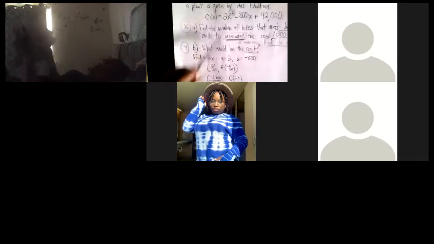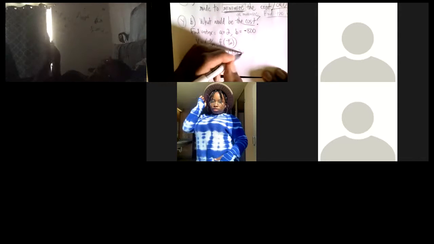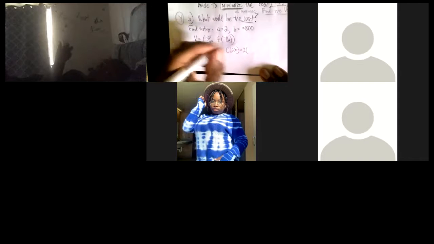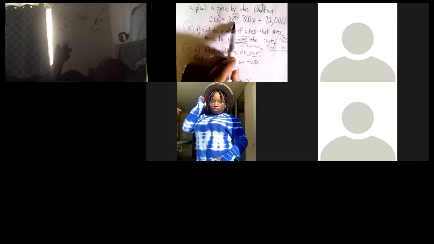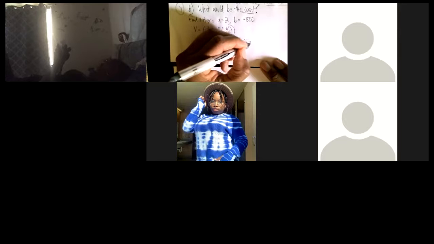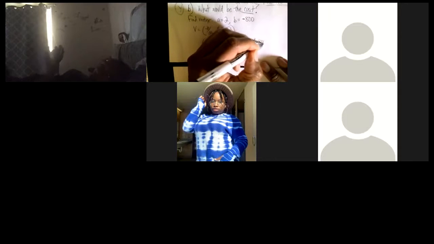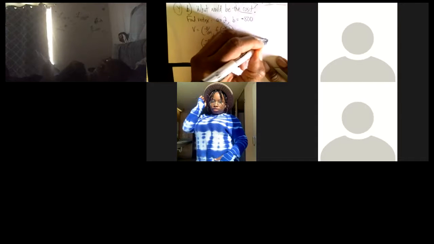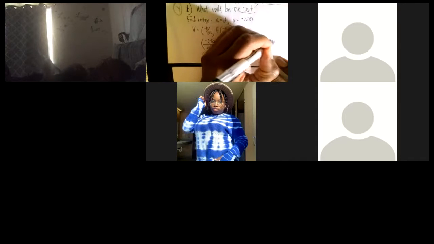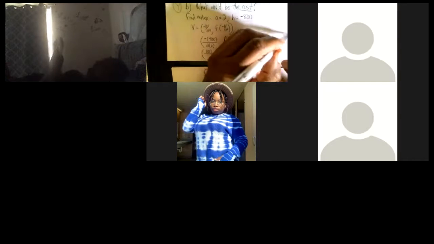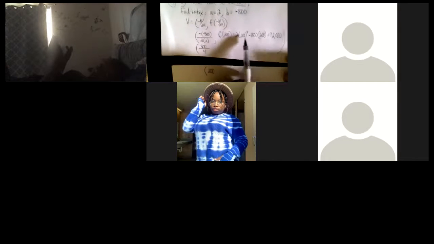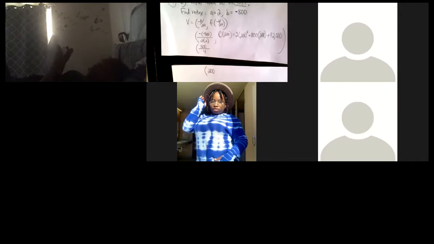I'm plugging in x: 2 times 200 squared minus 800 times 200 plus 92,000. This is what I have to work out to find the answer to that question.